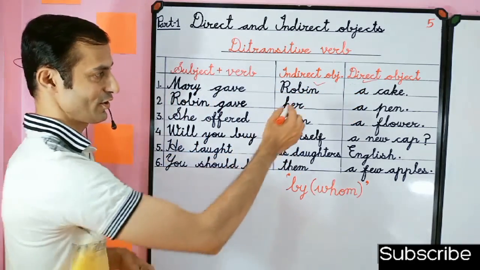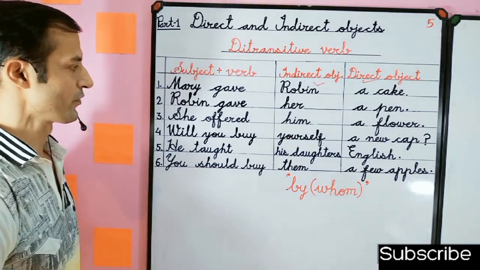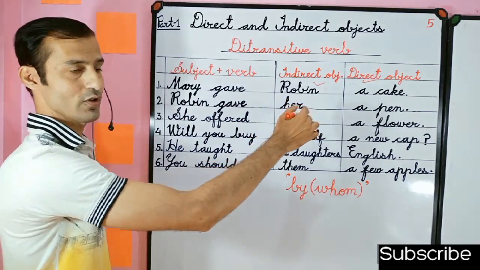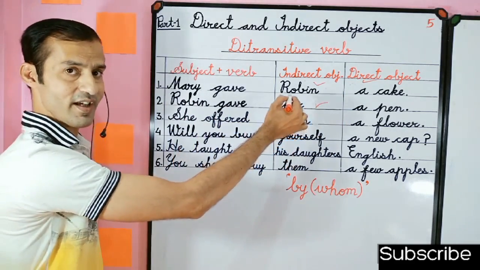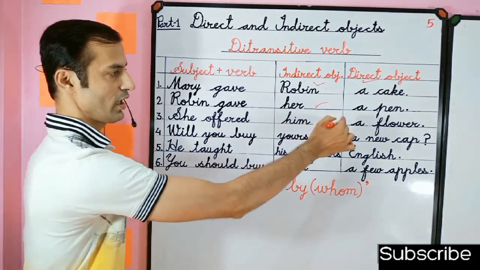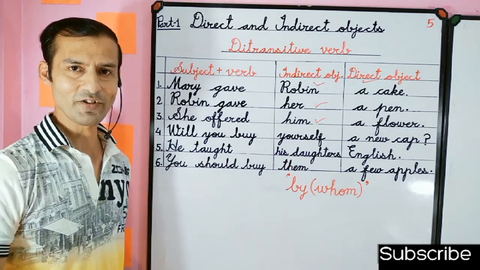The answer is Robin. In the second sentence, to whom did Robin give a pen? The answer is her, and her is an indirect object. To whom did she offer a flower? The answer is him. Him is an indirect object.